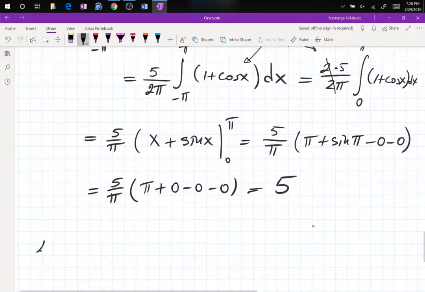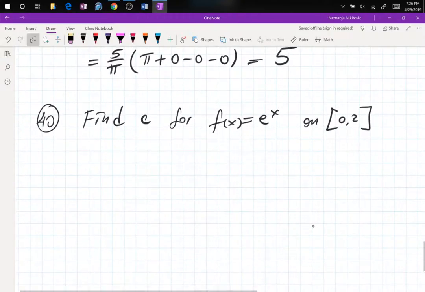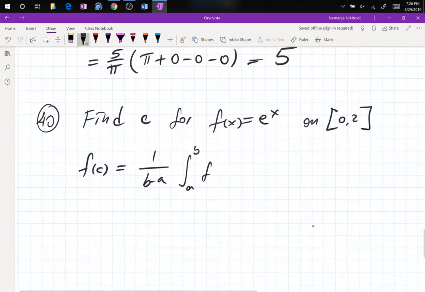Okay, so problem 40, find C for f of x equals e to the x on the interval 0 to 2. Well, f of C is equal to 1 over b minus a, integral from a to b of f of x dx.